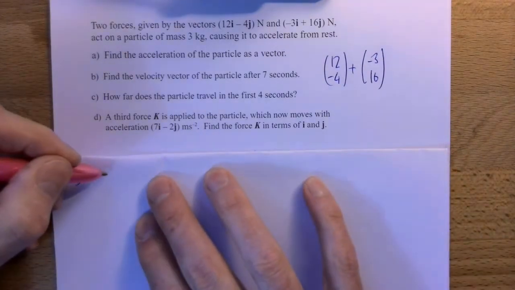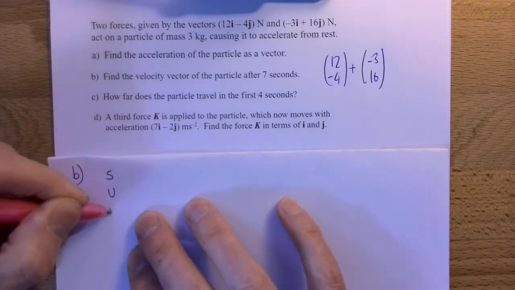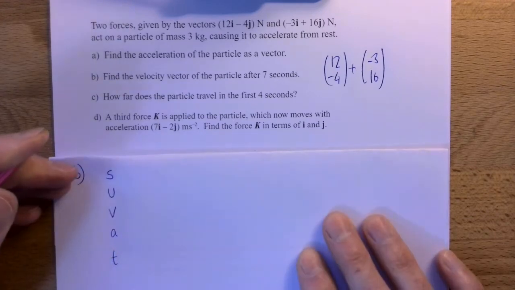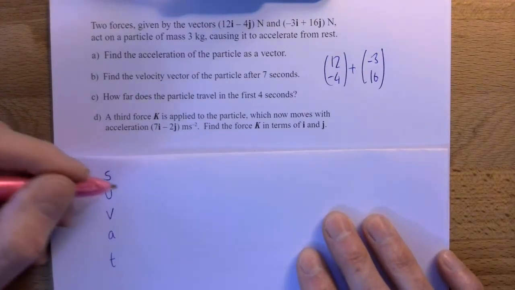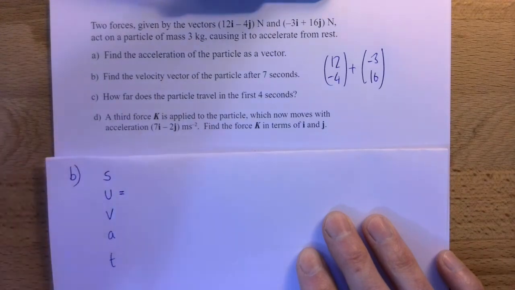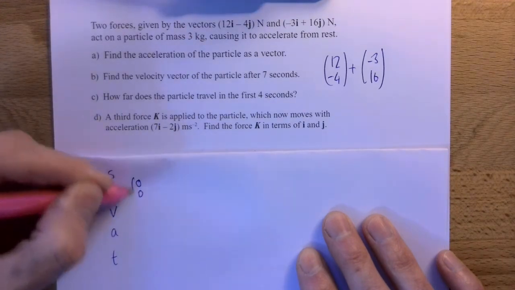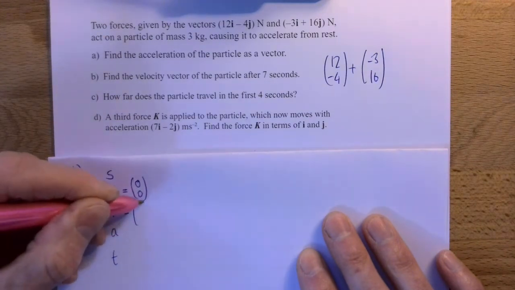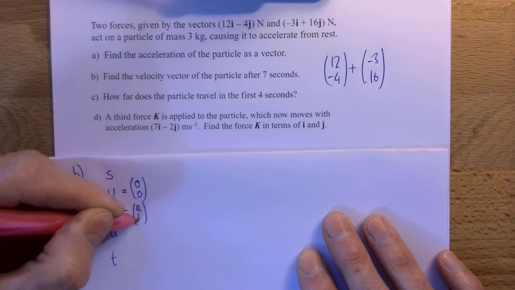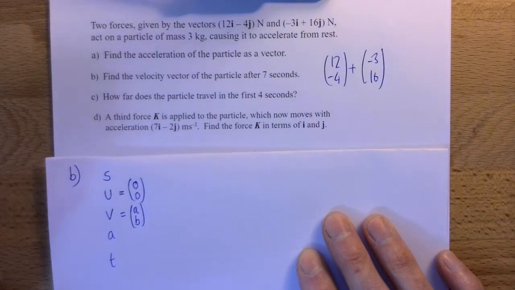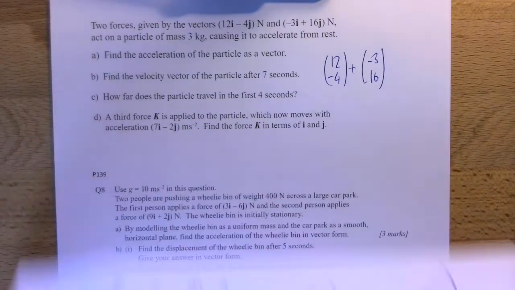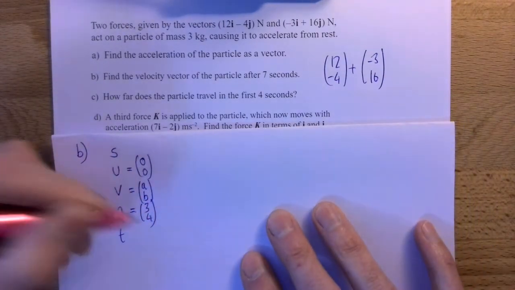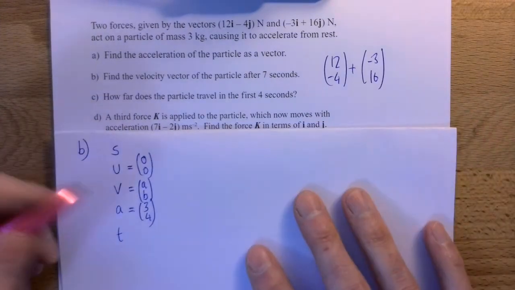Okay, so I know that its initial velocity was 0, but because we're dealing with vectors, I'm going to write it like that. I want to find the velocity, so I'm going to call that just a and b. I've just worked out the acceleration. That was 3, 4. And it's after 7 seconds.